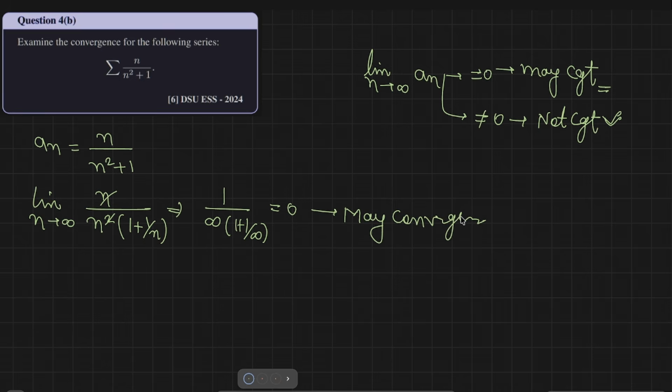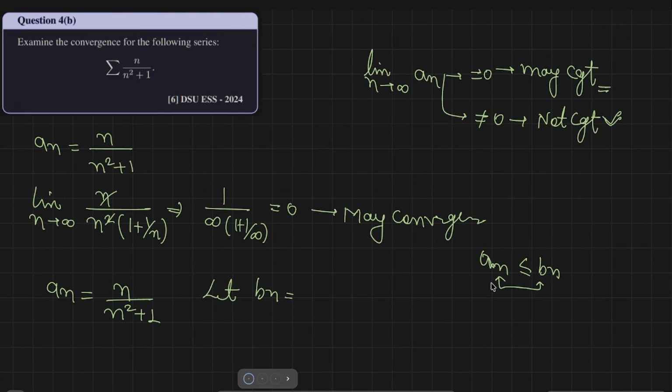May converge. Now I have to check whether it is convergent or not. I will use the basic comparison test. See, an is equal to n upon n square plus 1. Let bn be equal to, how to check the bn, because I am going to use this case: an is less than or equal to bn, then these both converge or diverge together.